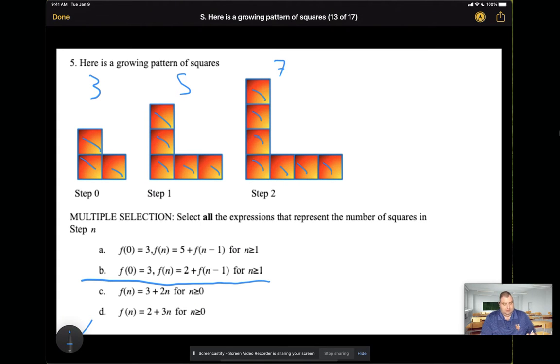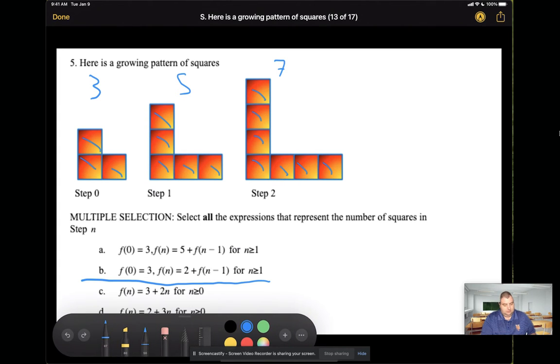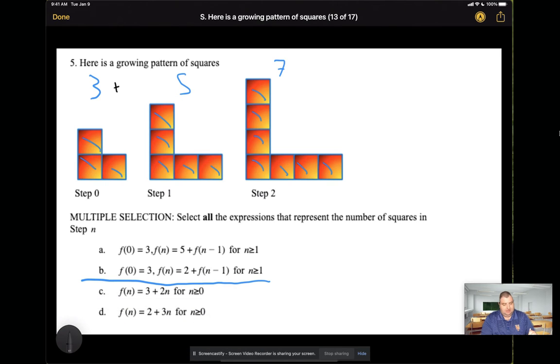This to me looks like I'm adding 2 each time. 3 plus 2 equals 5, 5 plus 2 equals 7, and so on and so forth. So this right here is an arithmetic sequence in which we're adding 2 each time.